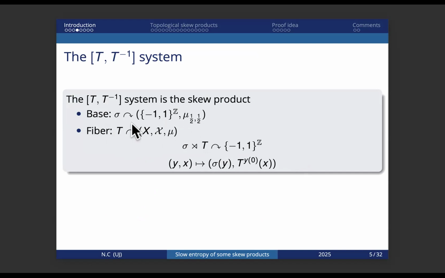And in the fiber, you take any invertible measure preserving system and the new transformation, which is denoted like this. Oh, here there's a typo, it should be the product space. Well, the new transformation acts on the product space with this expression, which is the same from before, but now T is an arbitrary invertible transformation.